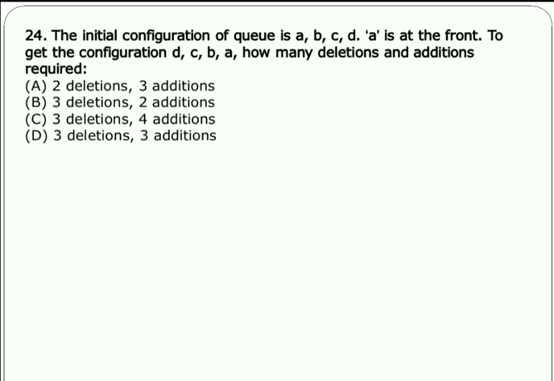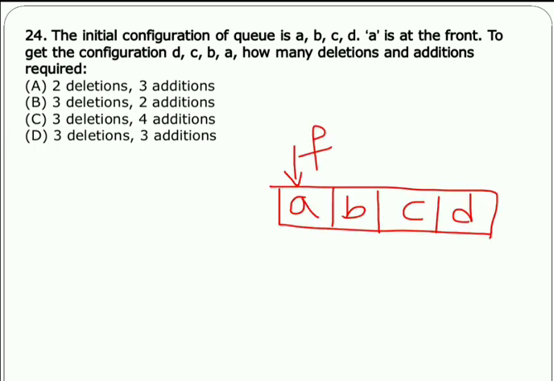Next one. The initial configuration of Q is ABCD, with A at the front. To get the configuration BCBA, how many deletions and additions are required? A queue is set up with the FIFO rule, that is first in first out. Here A is at the front. That means first we have to delete A, then B, then C, and then D. So A is the first one in the queue, and A has to be the first one out.